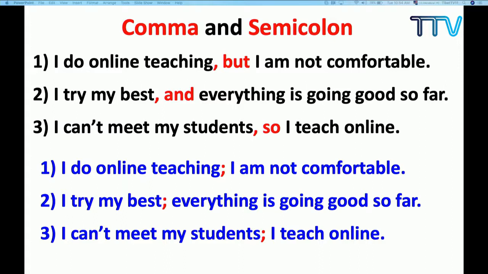In this sentence, you will not see the connectors and, but, so. In place of the connector, I've used just a semicolon. Whenever we use a semicolon, make sure that you have complete sentences. I do online teaching. This is a complete sentence. I am not comfortable. This is again a complete sentence. So, you use the semicolon.